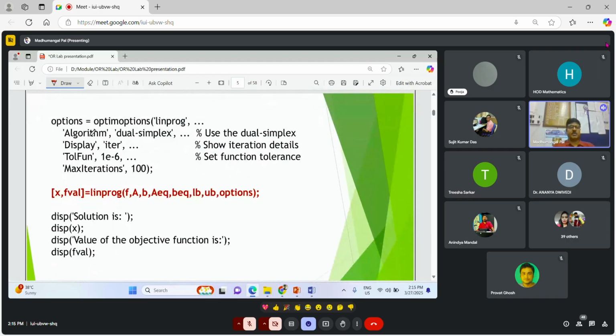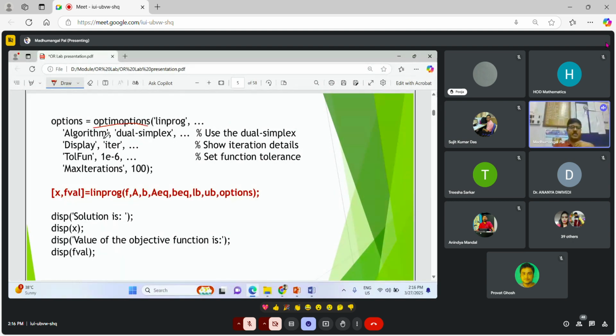And you have already learned during this training program that options is another parameter in many MATLAB functions. Here we can enter the options using optimoptions.